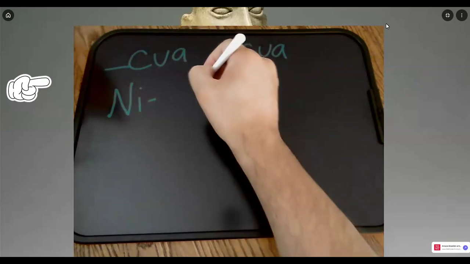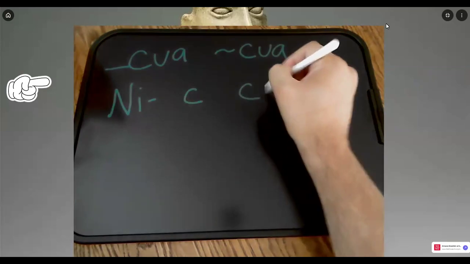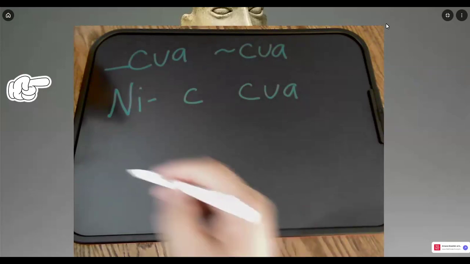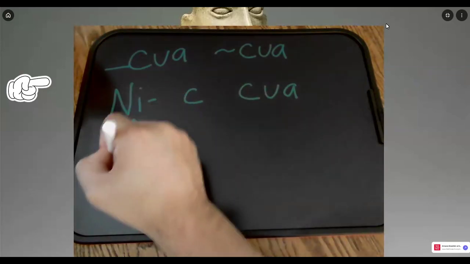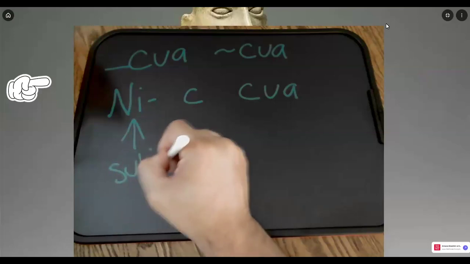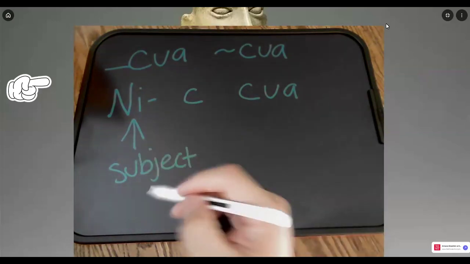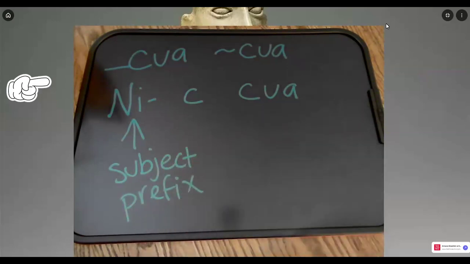Followed by the object, which is a k sound, and then the action, right? So nihkua, so we have here the subject. Now, because Mexicano and other Nahuatl dialects have parts that you bring together, the first one here is called a subject prefix.